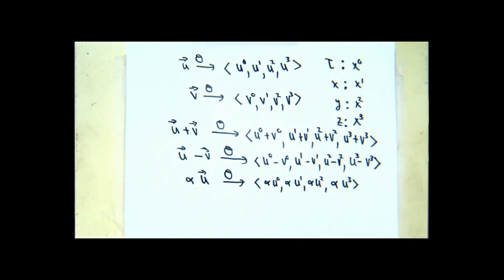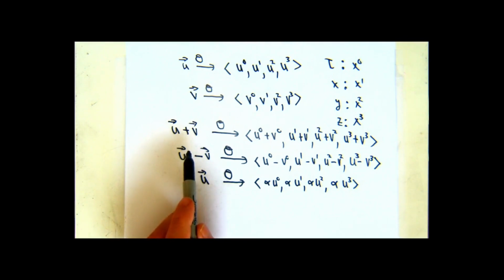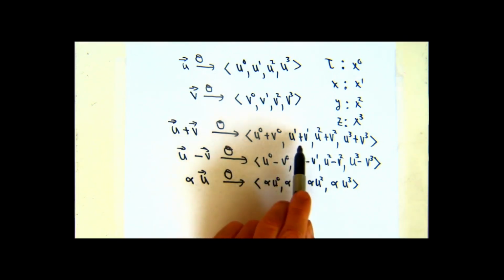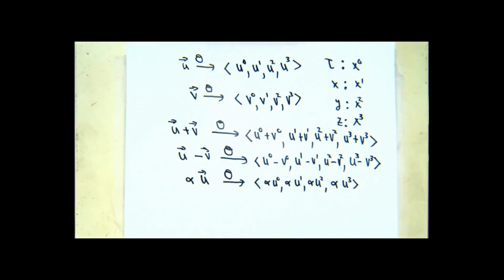We will define the addition of vectors with respect to some frame in exactly the same way that we did in Calculus 3, except we have 4 components now instead of just 3, indexed 0, 1, 2, and 3.